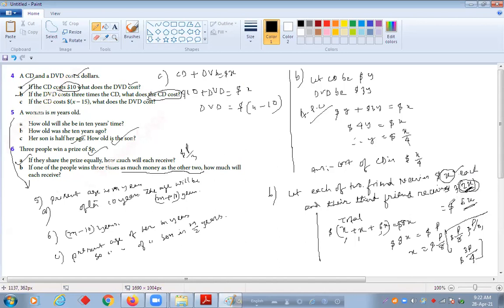They are not saying total amount. The wording is quite ambiguous. The amount each of the others receives, X, the third friend receives just 3 times of that. That means 3X.